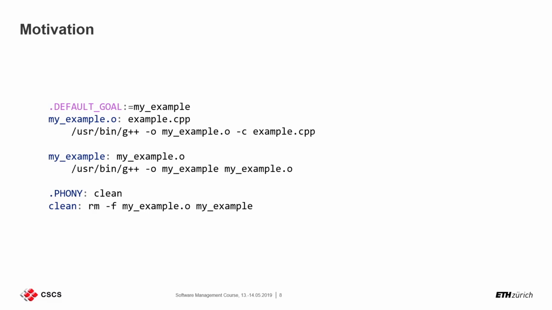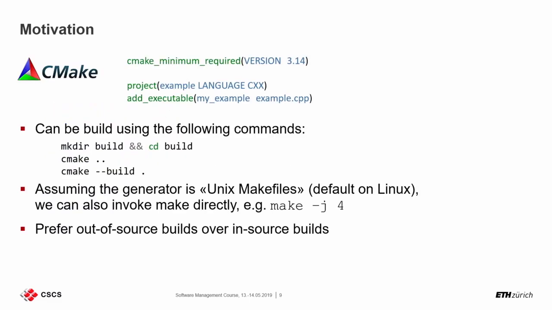Here it's just hard-coded. And if you want to have a clean target, you have to provide it manually and so on. If you compare this to a simple CMake script doing the same thing, it's actually just one line with 2 lines of boilerplate at the top.